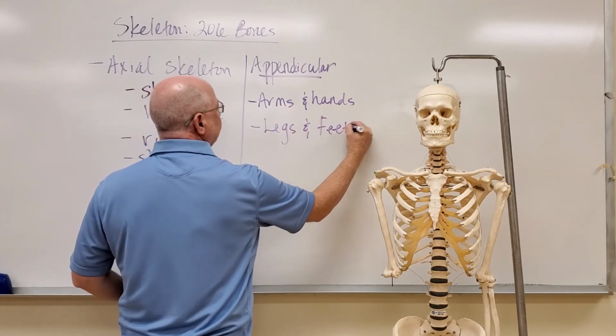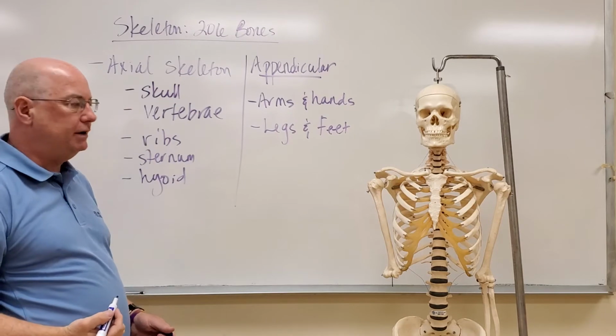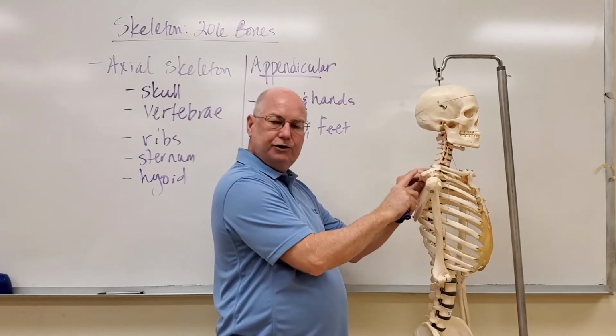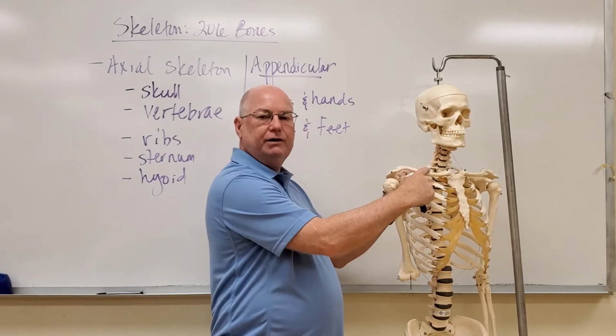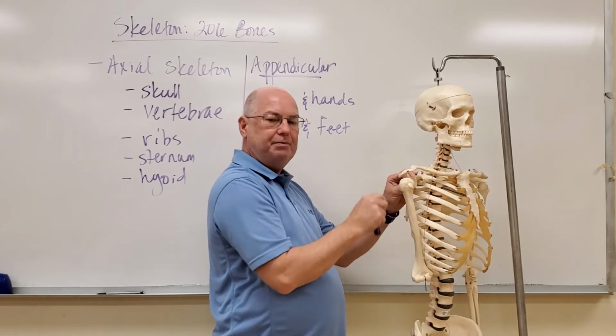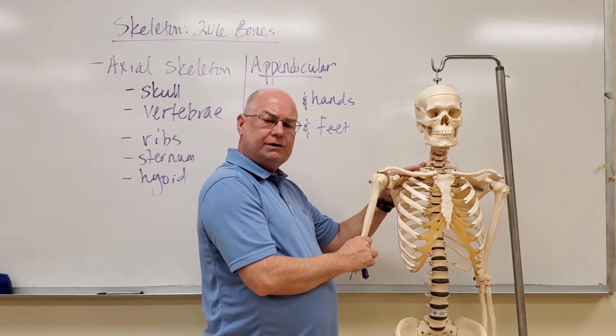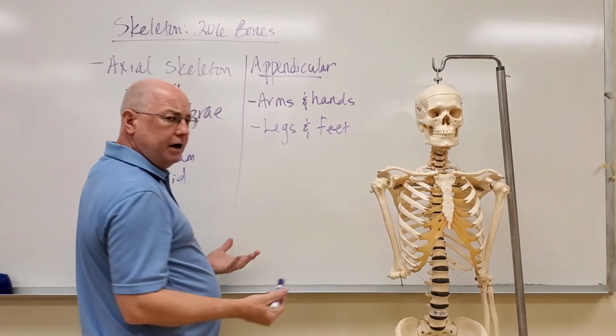But there are 2 other major structures that are associated with the appendicular skeleton. There are 2 bones here, your collarbone and your shoulder blade, really called the clavicle and the scapula, which attach the arm to the axial skeleton. They are part of the appendicular.